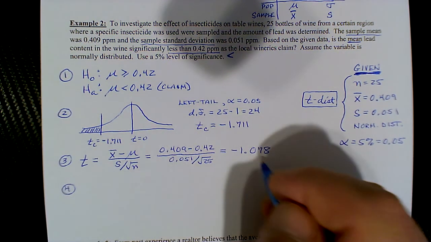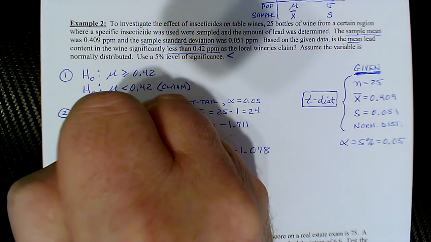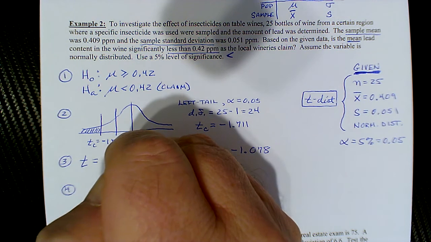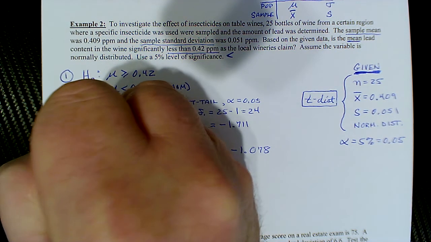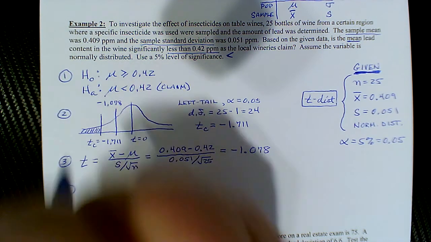And negative 1.078, if you want to place it in the table, or in your sketch, is somewhere between 0 and negative 1.711.